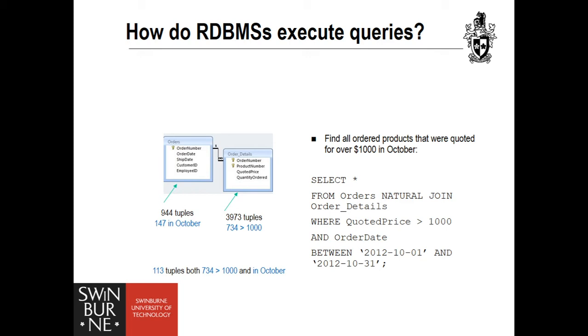When we have all these rows, there will be order rows which do not have a related details row with a quote price of over 1000, and there will be order details rows which are not from the month of October. We have to match the rows by order number. In set theory, this is known as an intersection. The tuples that are outside the intersection are discarded.